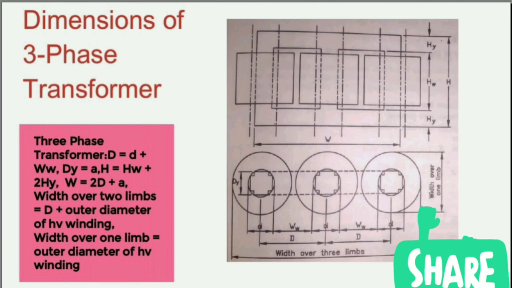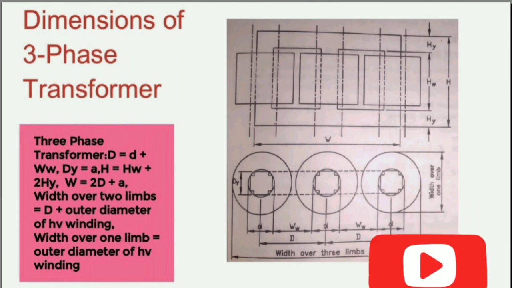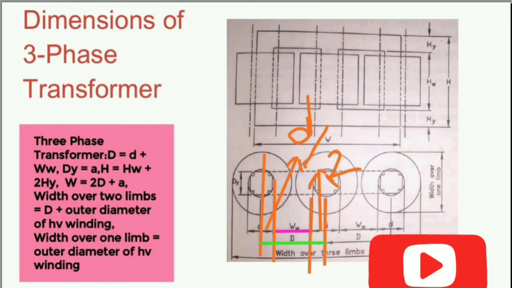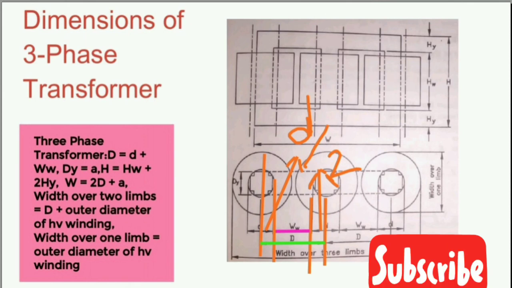Next, dimensions of three-phase transformer. This is also very important. By solving the numericals, we need to know all these relationships. In the case of three-phase transformer, capital D is equal to small d plus WW.